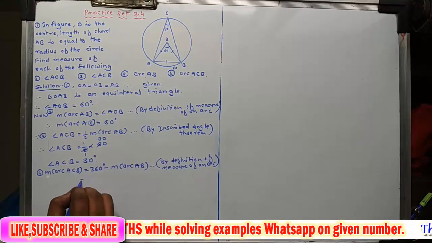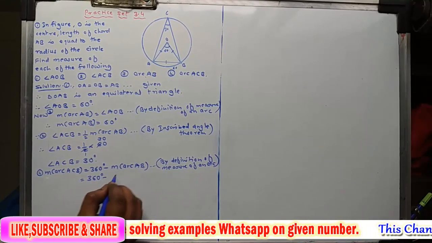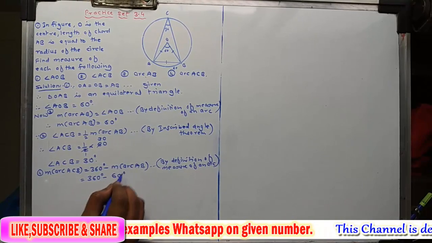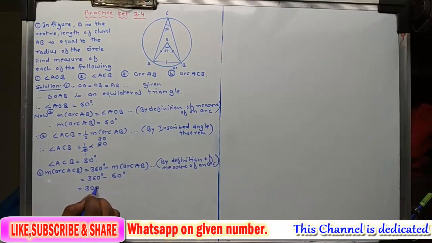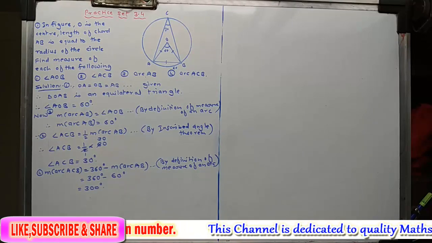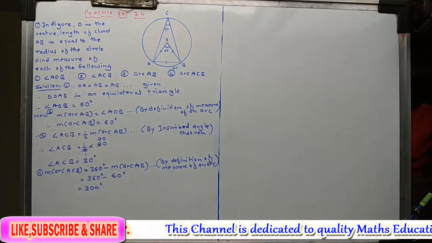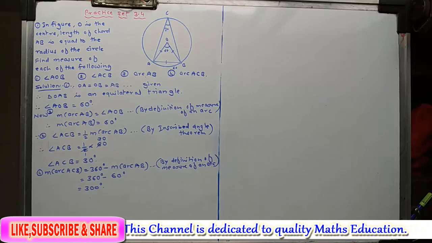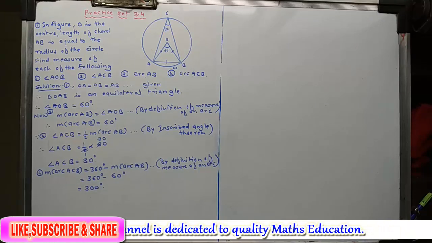That is equal to 360 degrees minus 60 degrees, which is 300 degrees. So in this way we have to solve this first example. Any doubt in this? No? Okay, now we'll come to the next one.